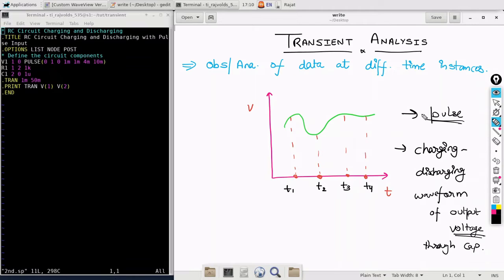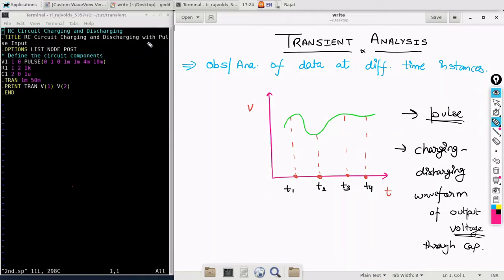We are going to write code for the simple RC circuit in which we are applying a pulse and see the charging discharging waveform. Along with that, we are going to see what the appropriate lines are that we have to write for performing the transient analysis.